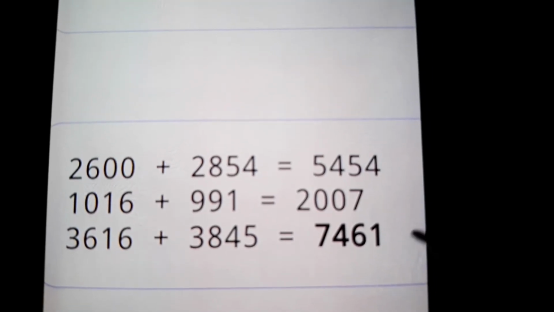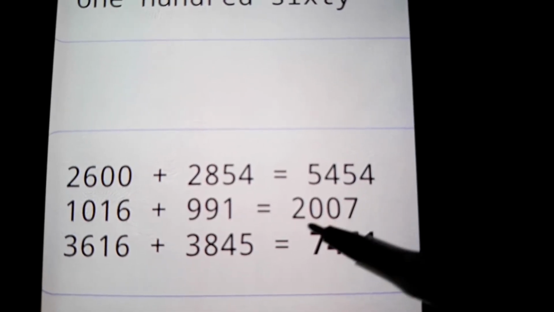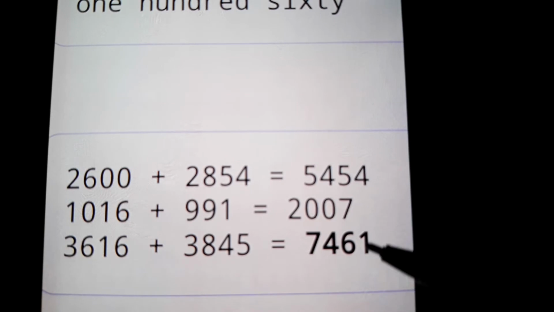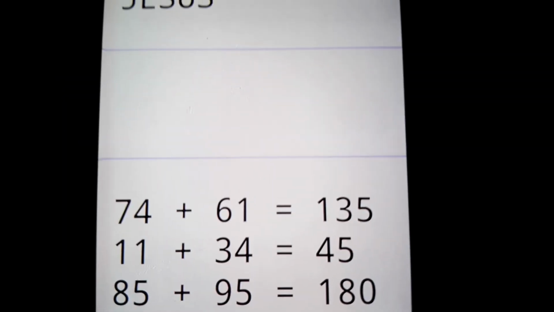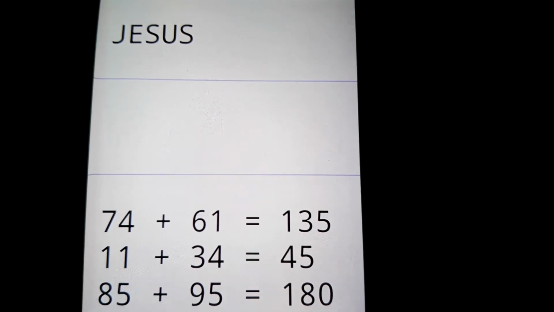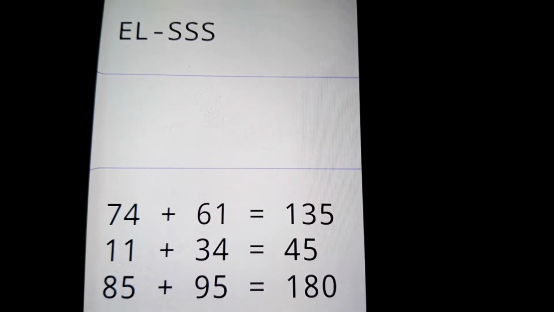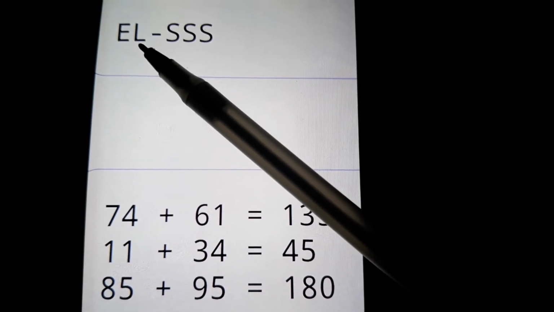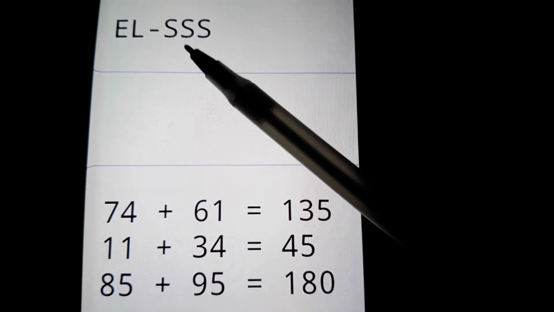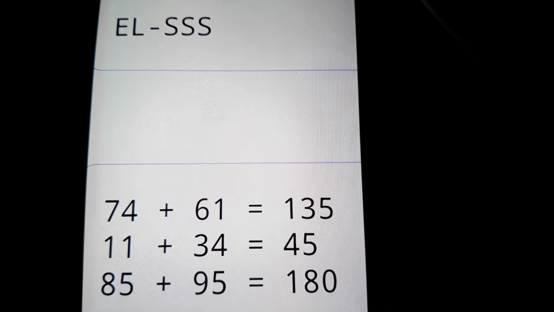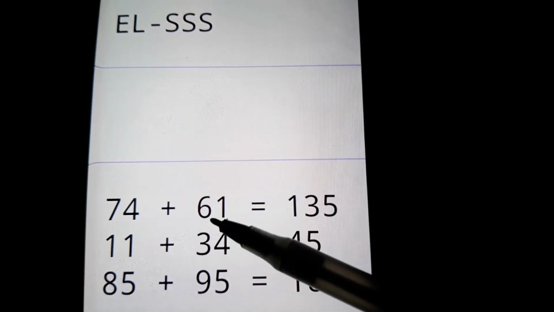And remember, I told you the letter S equaled 7461 in the third count. So imagine how incredible that is, that Jesus equals 7461. When you have EL, which means God, with the triple S's, the triple 19 crown, it equals the same as the name Jesus.